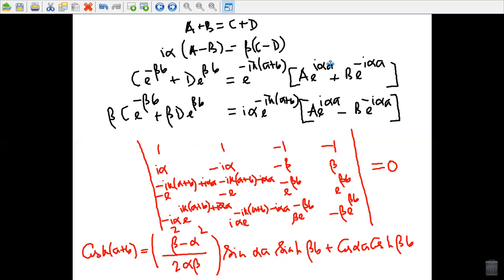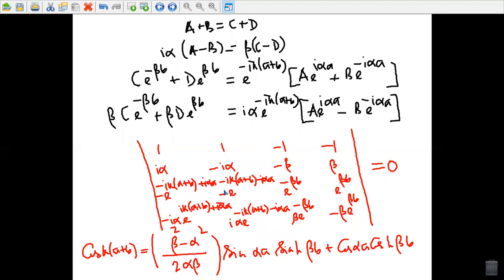So these four equations will have non-vanishing solutions if and only if the determinant of the coefficients of A, B, C, and D vanishes. These four equations can be solved by solving the determinant like this.